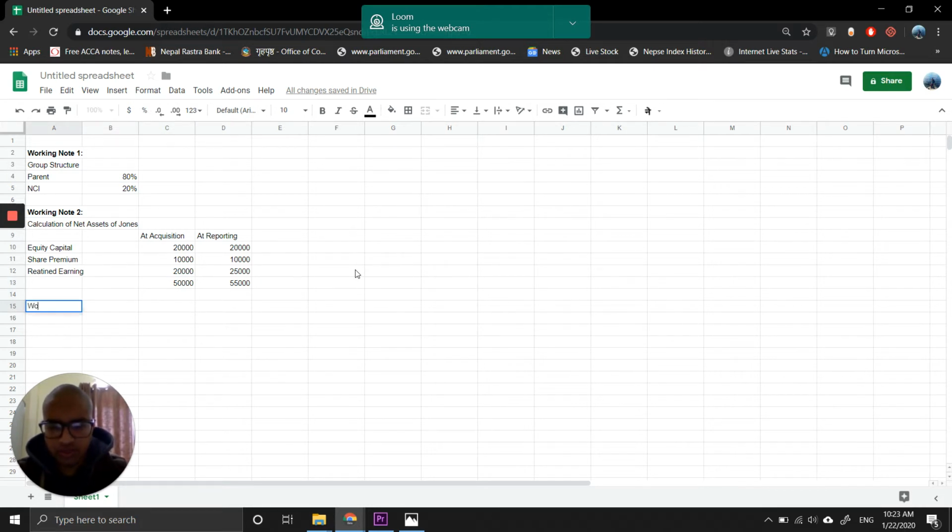So what we will do is working note 3. We can simply copy this working note from here and just edit the number at the end. Working note 3 is calculation of goodwill. Okay, so let's merge this cell, and then let's do the same for this as well.